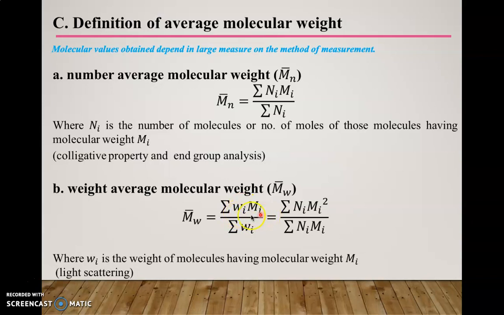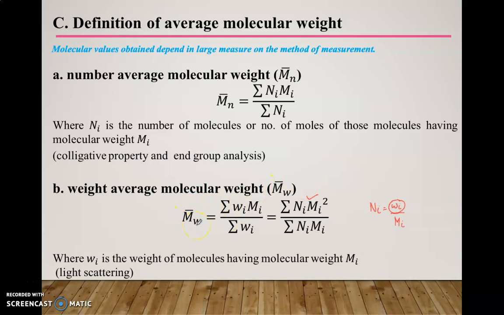Then we know that we can write Wi as Ni times Mi, because the number of moles can easily be calculated by the formula Wi upon the corresponding molecular weight. So from that, Wi can be written as Ni times Mi, and that's why you have this particular formula also, which can be used to calculate the molecular weights here.